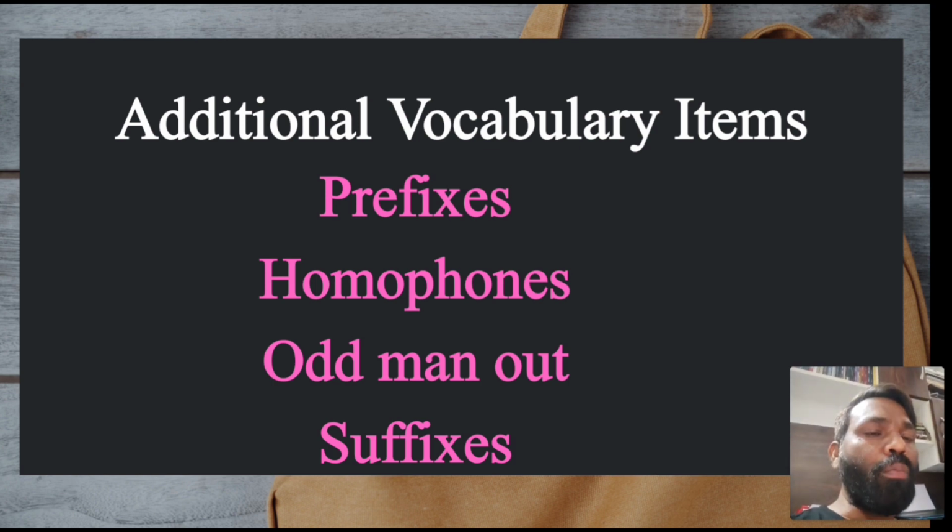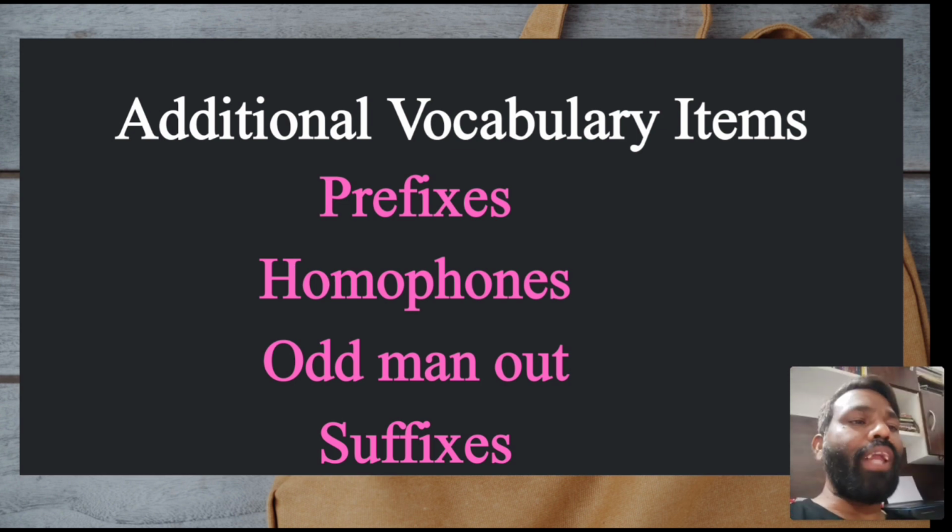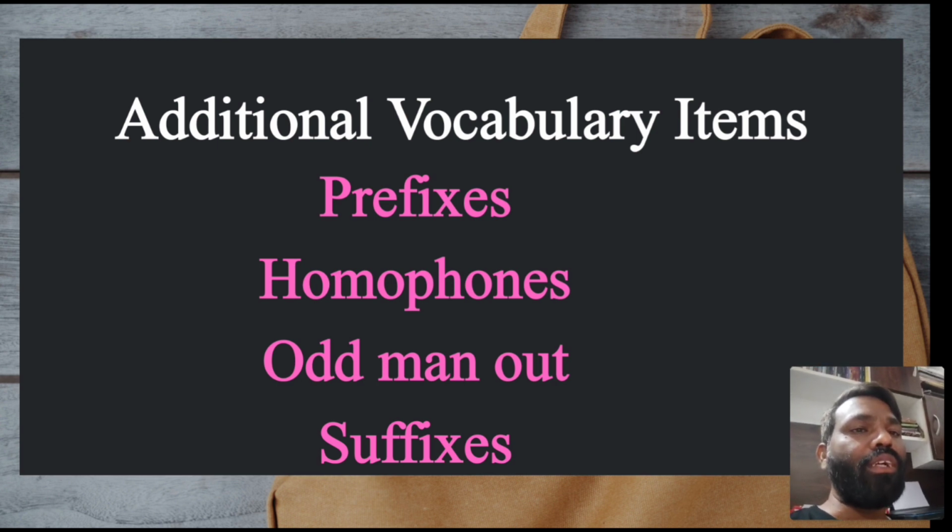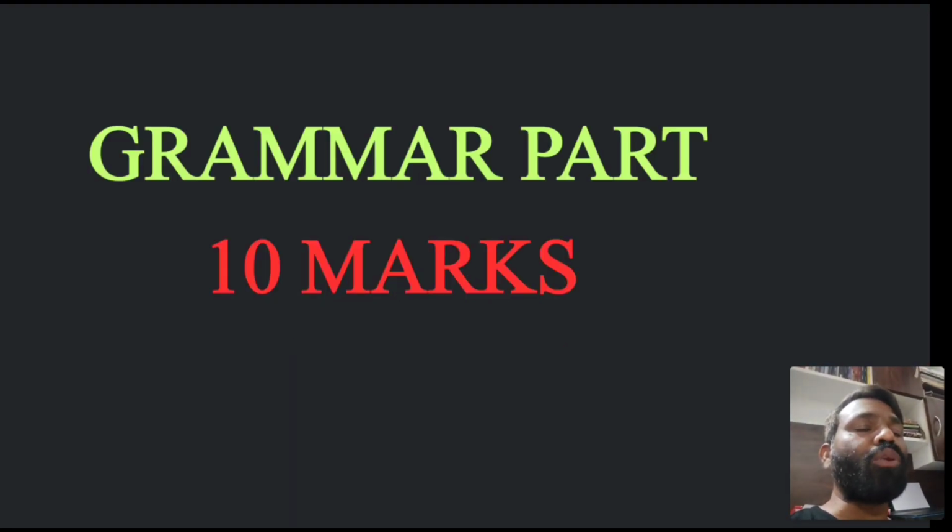Those are prefixes, homophones, odd man out, and suffixes, which we have to prepare, because sometimes they can change one item and pick any other item from the textbook. So these are the additional vocabulary items given in our 8th standard third language English. It carries 6 marks.